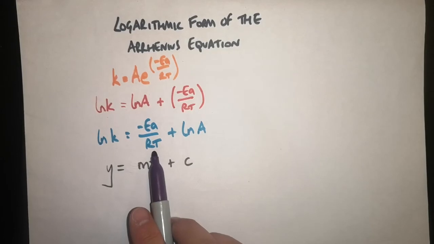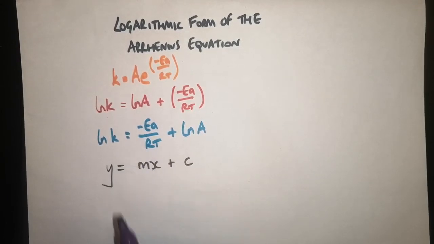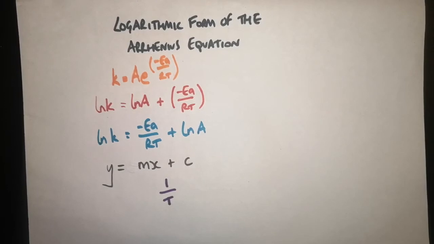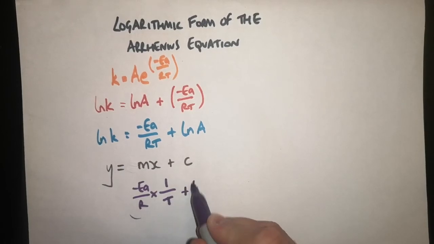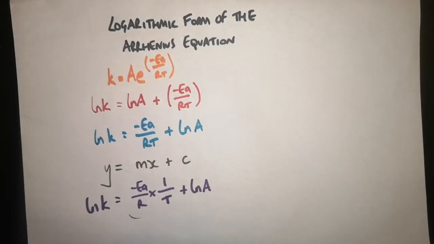Temperature is the easiest thing to measure, but temperature is on the bottom of this term here. So we're going to split it up into m and x, where x is 1 over T, and m is the rest of it, so minus Ea over R. So that now is m times x plus c, which is ln A, and y is ln k.